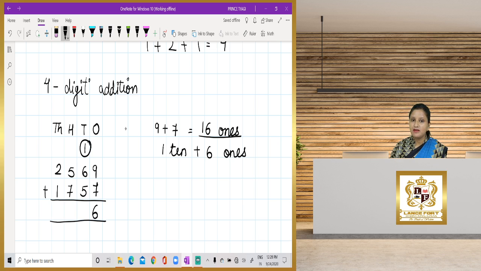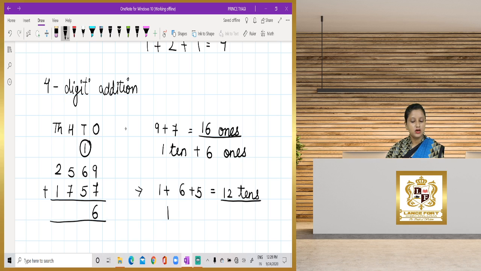Now what do we have in the tens column? We have the number 1, number 6 and number 5. Now add 1 plus 6 plus 5. The total is 12. This means 12 tens. Now the number is more than 9, so we have to regroup this into hundreds and tens.